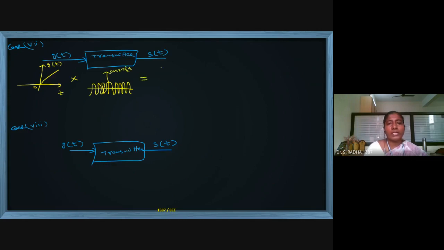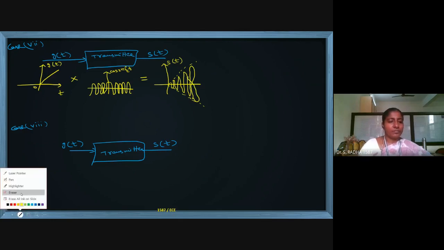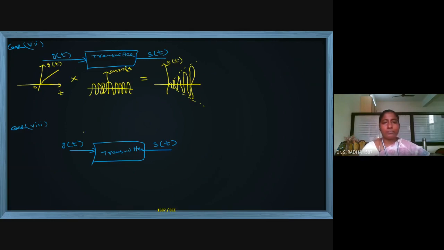And the resultant S of t, how will it look? The outer you have to take similar to G of t, and inside this you have to draw the cosine waveform. It is a forward going waveform.